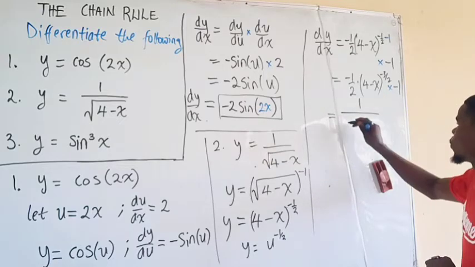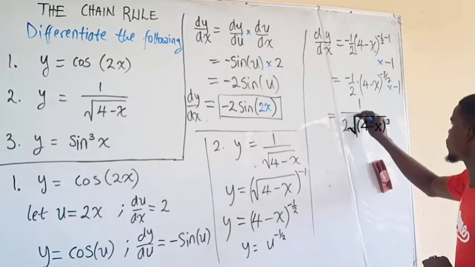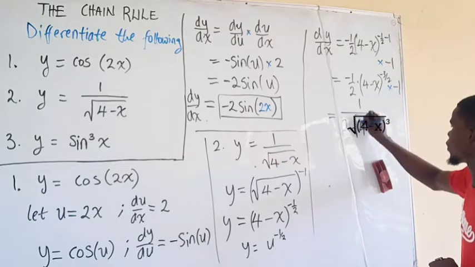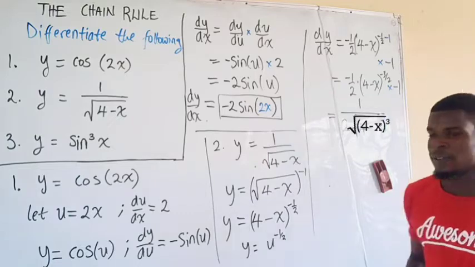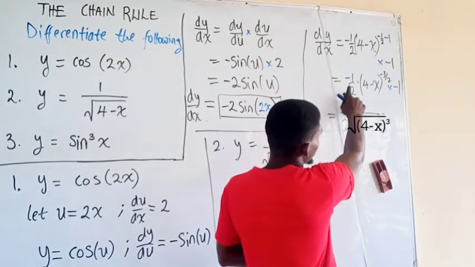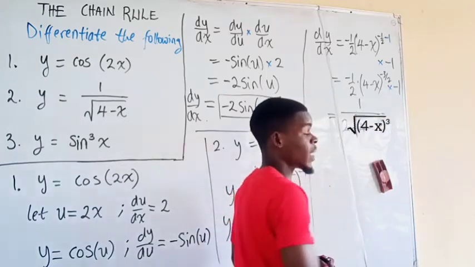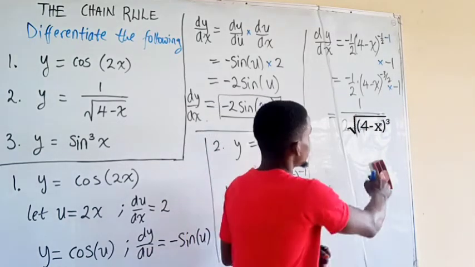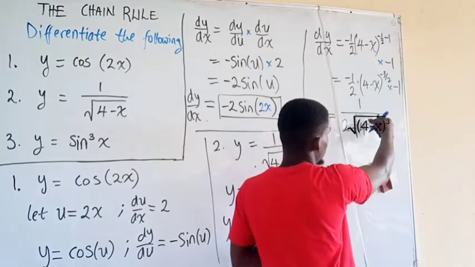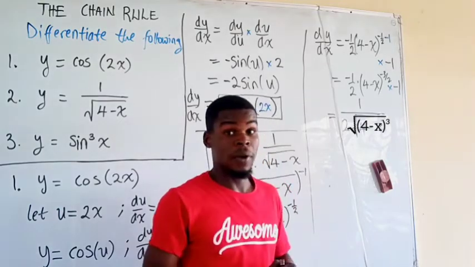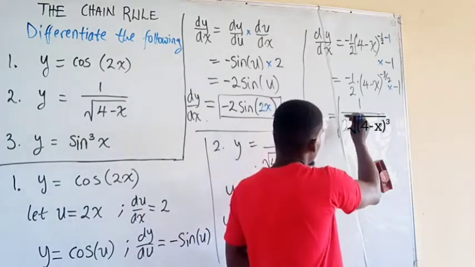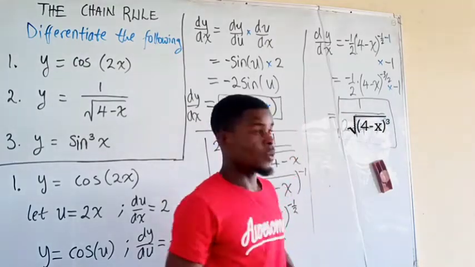So this will become 1 over 2 times the square root of 4 minus x, then we raise that to power 3. Good. That is just 1 over 2, then the negative and the negative 1 multiply and become positive, and then we have the square root. Because of this negative exponent, this will come down. And then the fraction tells us power 3 and then root 2. Good. So this right here is the derivative of that function with respect to x.